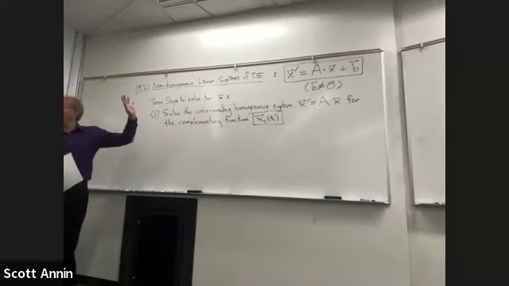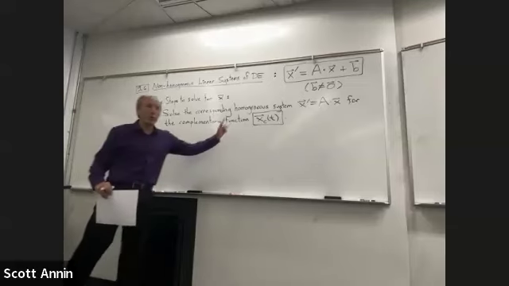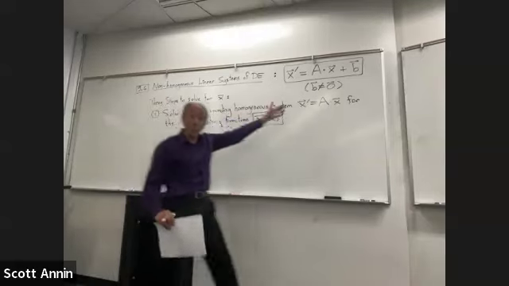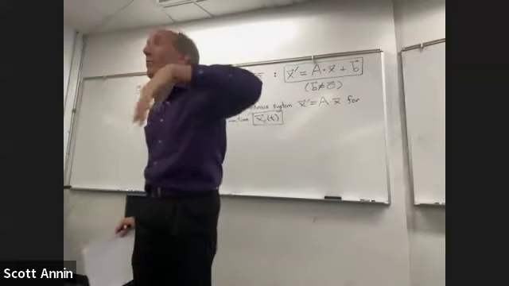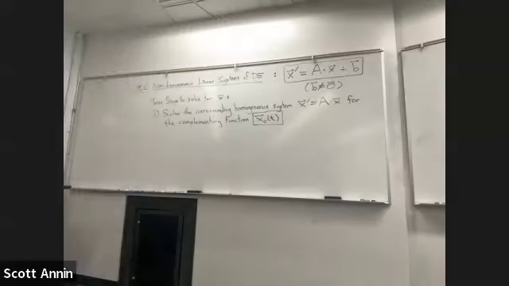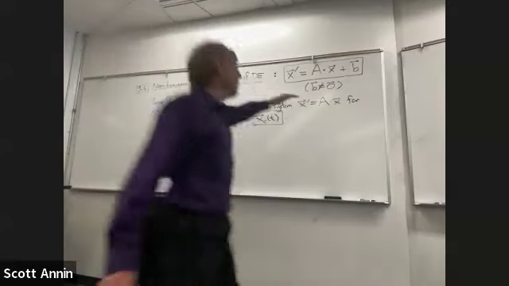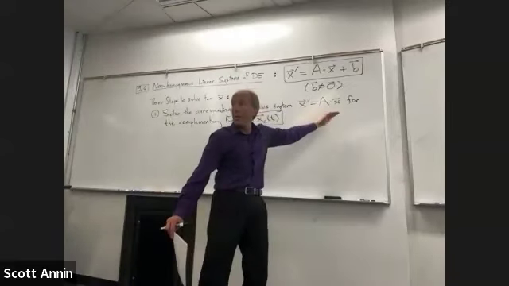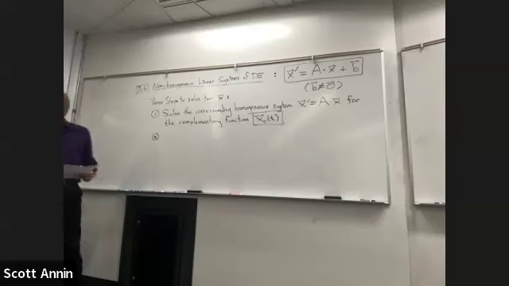So we solve the corresponding homogeneous system for the complementary function. All right, so we know how to do this already. We talked about doing it if the matrix is defective. We talked about doing it if the matrix is non-defective, whether it's real eigenvalues, complex eigenvalues. Right? We did all of this before. Okay, so that's kind of an old process right there.